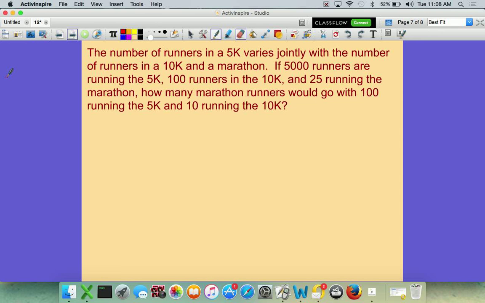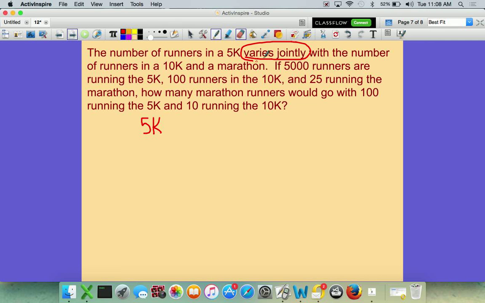Last one. The number of runners in a 5K varies jointly with the number of runners in a 10K and a marathon. That sentence is very important here. Varies jointly. That means that to find our constant, we're going to take the number of runners in the 5K, because that's first, varies jointly with the rest of it.